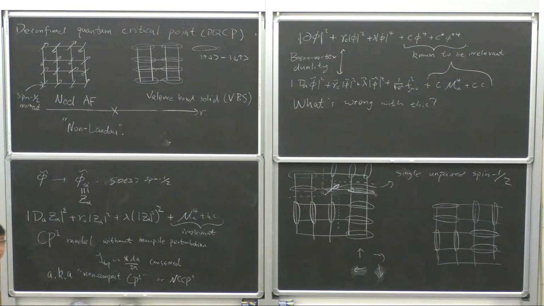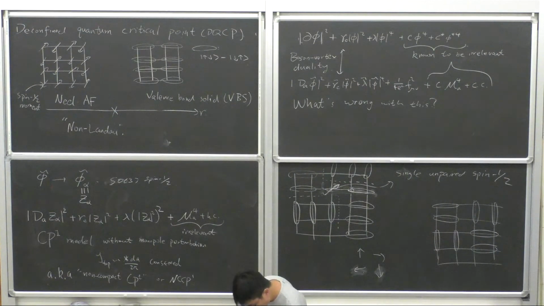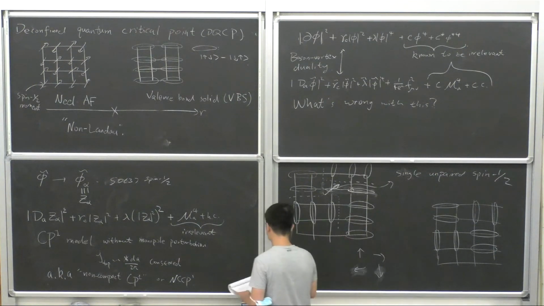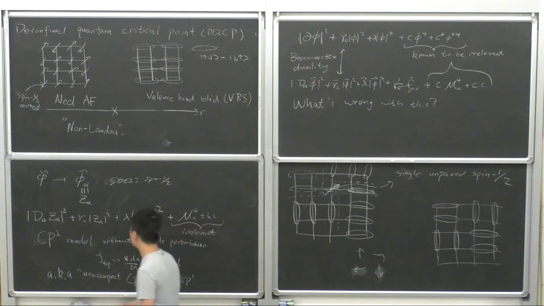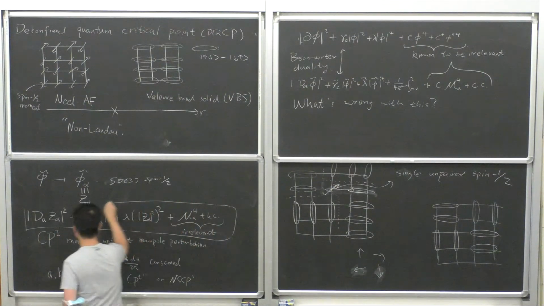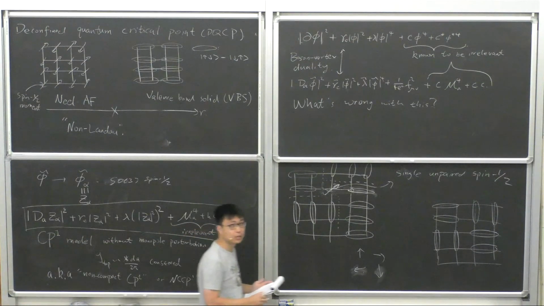It's not really saying your gauge group is non-compact. I mean, the gauge group is always U1. So this is the theory. This turns out basically to work. This is the field theory describing the Néel to VBS transition.